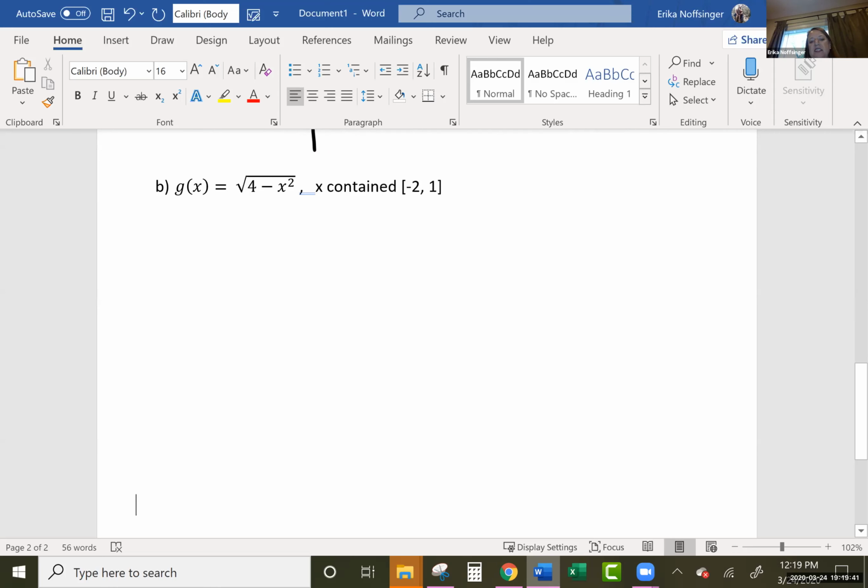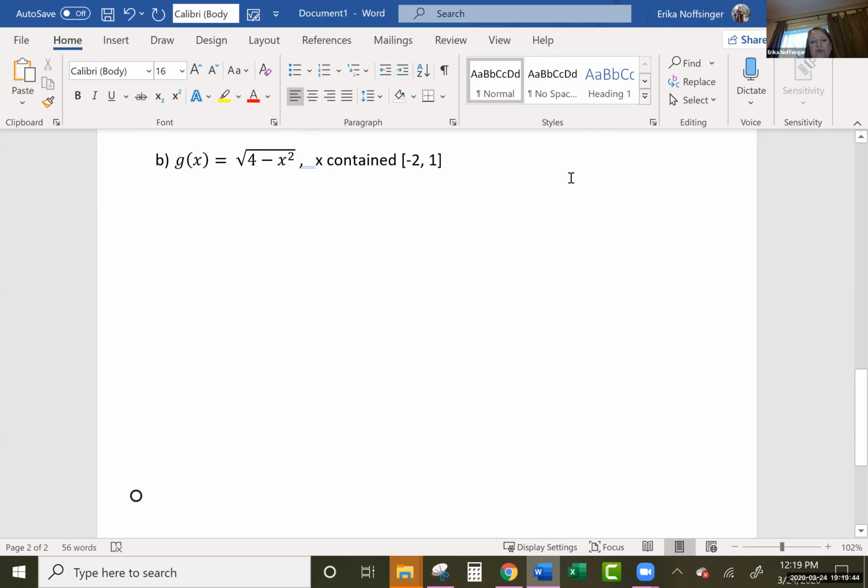Okay, so looking at this, sometimes it's helpful to look at the domain. First of all, is that continuous everywhere between -2 and 1?